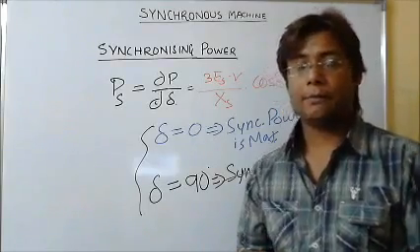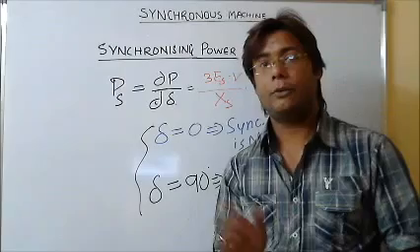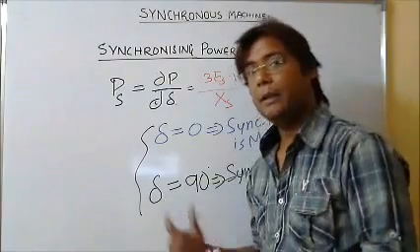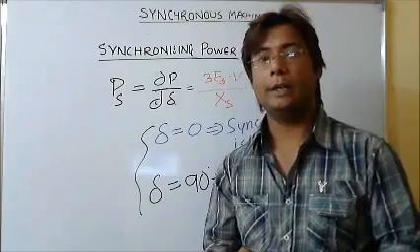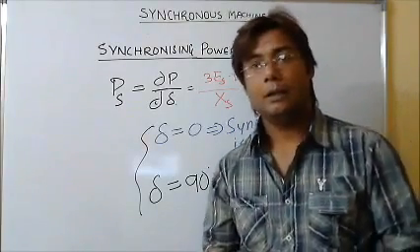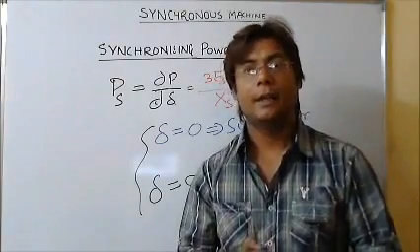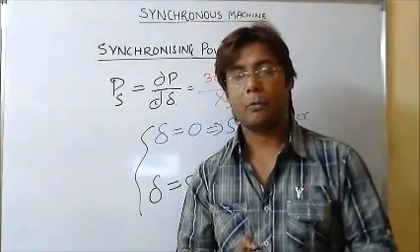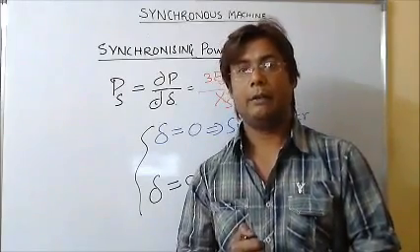At that point, if the load is increased beyond 90 degrees, the motor will stop if it does not have damper windings, and it will not continue to run as a synchronous machine.